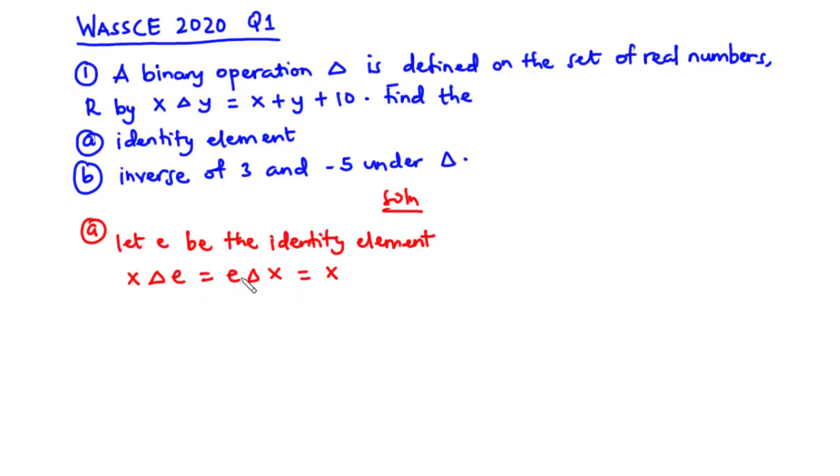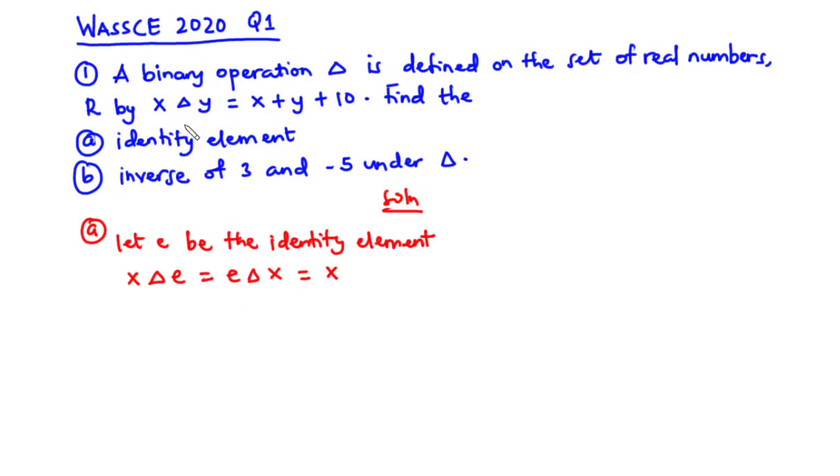What this primarily means is that whenever you combine a value x with the identity element, it is the same as combining the identity element with x, and the value does not change, it still remains x.